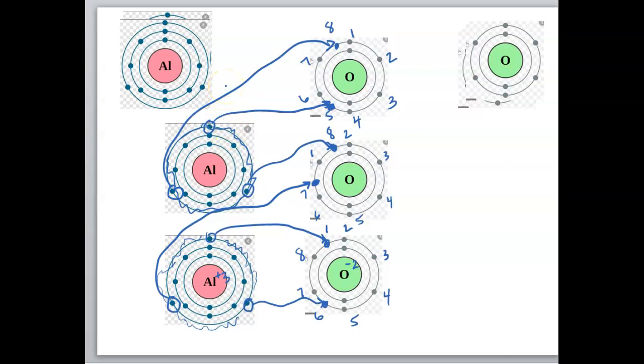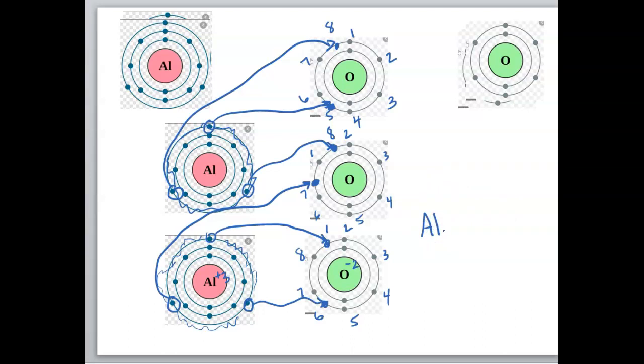So what's happening now is we now have an example of what we call an ionic compound. And in this ionic compound, we're going to do a count of what we're going to see. So in this case, we have aluminum being our cation.